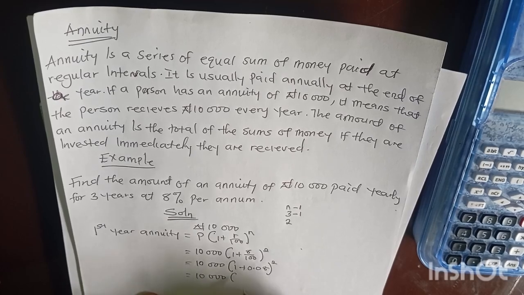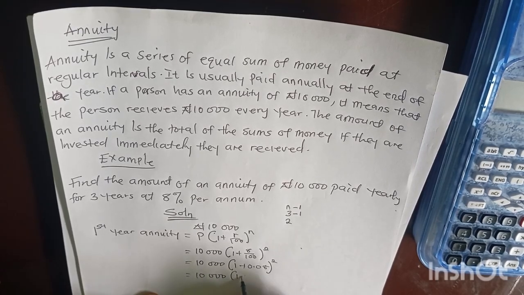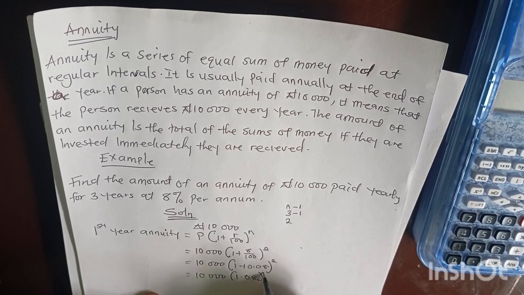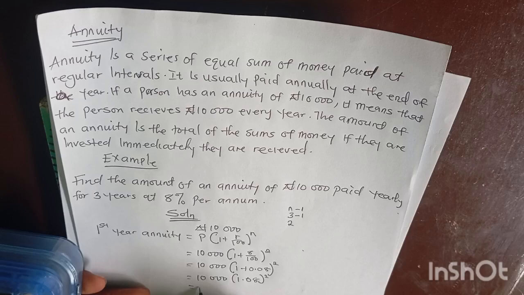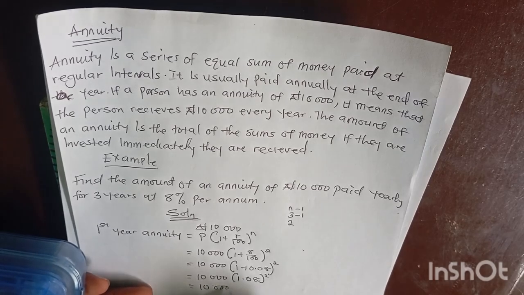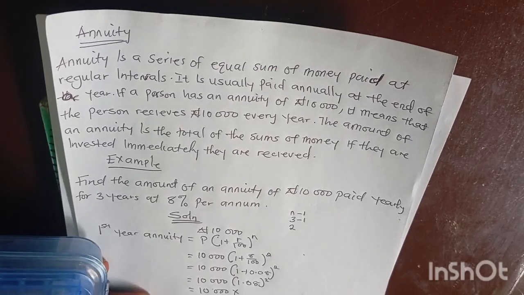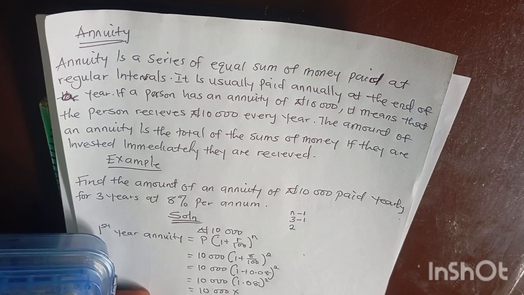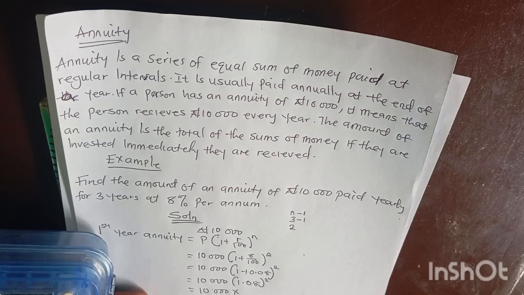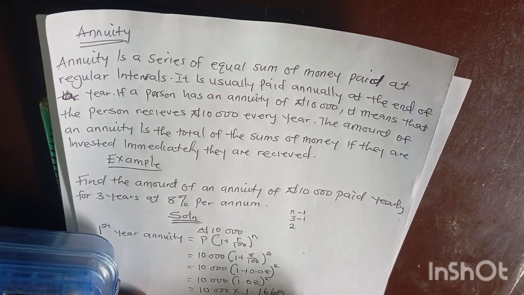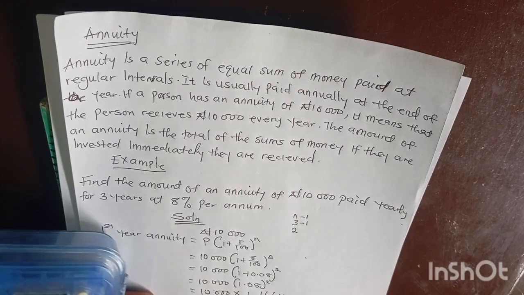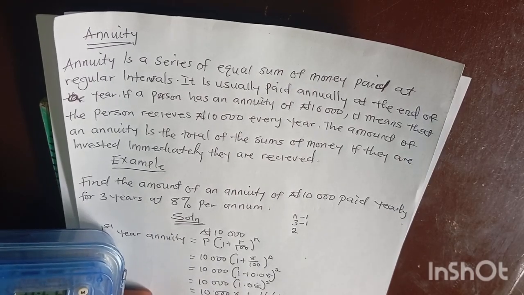Which is the same thing as 10,000. If you're adding this together, you should have 1 plus 0.08 as 1.08, raised to the power of 2. So that is equal to 10,000 times 1.08 raised to the power of 2, which is 1.1664. Since we have 1.1664, we now multiply it by 10,000.